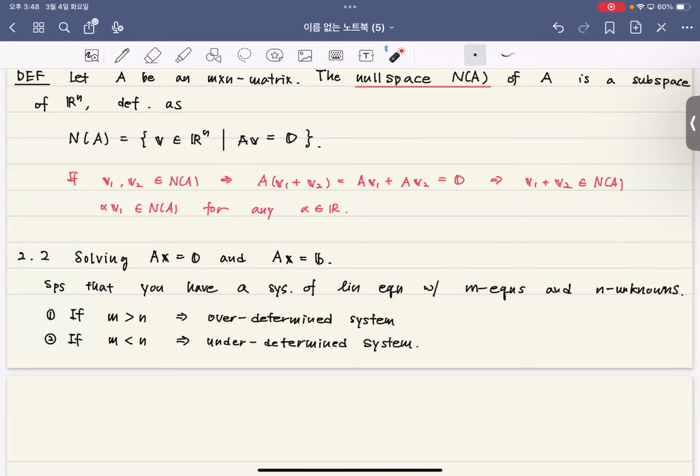If the solution is not unique, then the number of solutions is always infinite. So, precisely speaking, the solution set cannot be discrete.